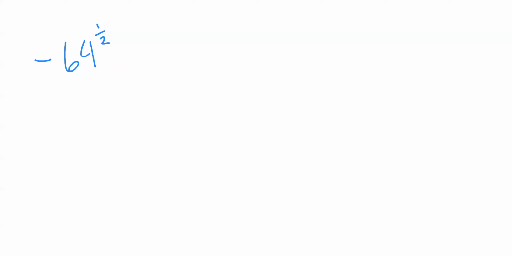So our first example is -64 to the 1/2 power. Remember, that negative sign is not being raised to the 1/2 power because there are no parentheses including it. We can translate this to be negative the square root of 64.